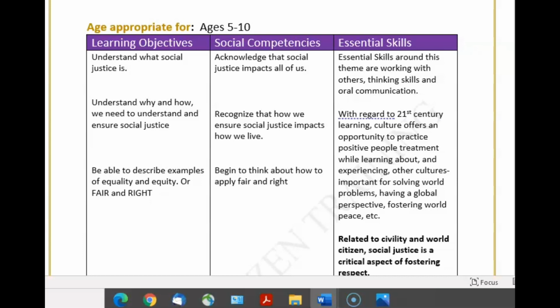And so social justice for anyone who is a world citizen, and especially our young world citizens, is a topic that we all need to engage in conversation about, and it's something that, in my mind, and I hope that you share this view, you are never too young to learn.